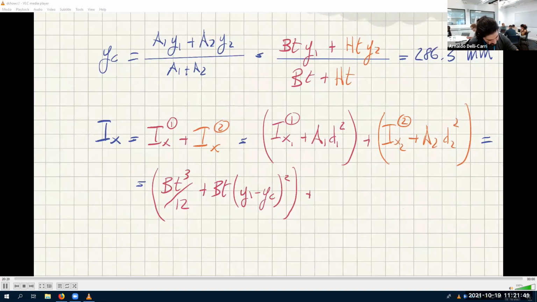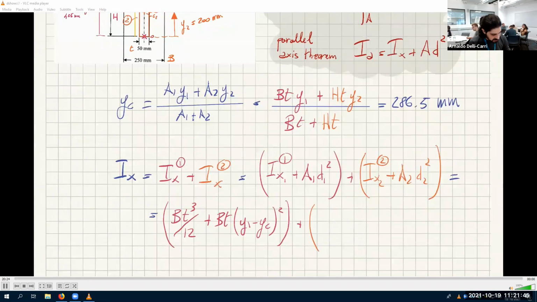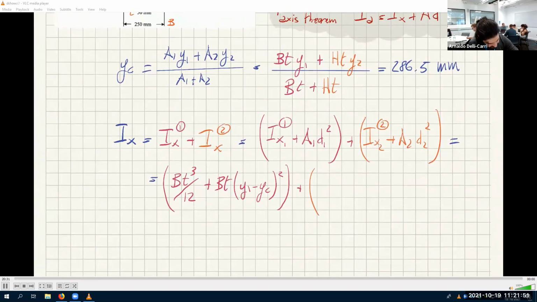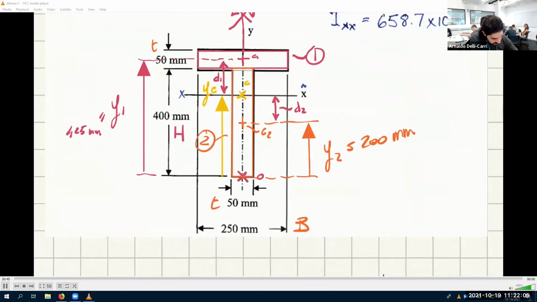Plus, this is also bh cubed divided by 12. In this case, b is t, and h is capital H. So it's t capital H cubed divided by 12 plus h times t, the area of rectangle 2, times the distance d2, and d2, you should agree with me, is yc minus y2.